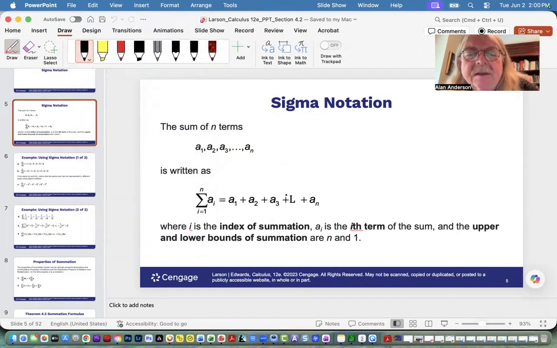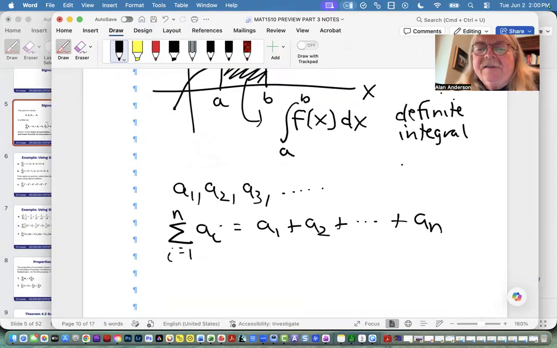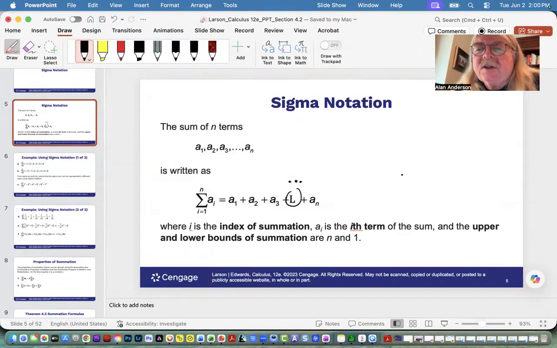This was supposed to be the ellipsis, like what I have here. Somehow it got misinterpreted on the PowerPoint slide as an L. So you have to keep an eye on that. Symbols every so often get misinterpreted because you might be looking at it on a Mac when it was created on a PC, or whatever the case may be.